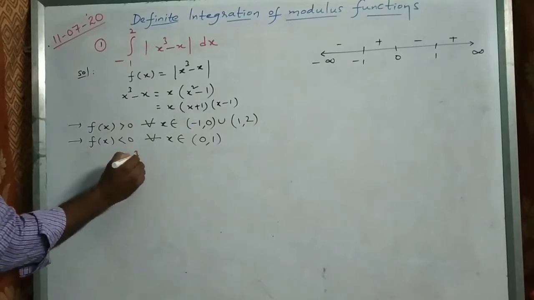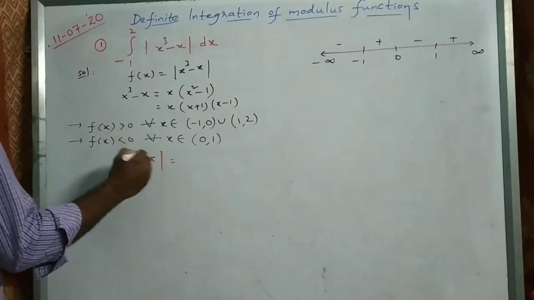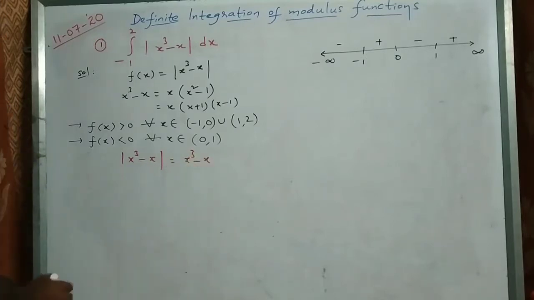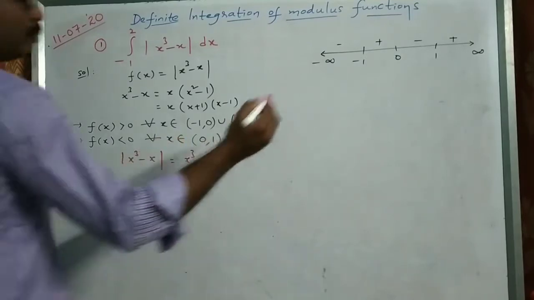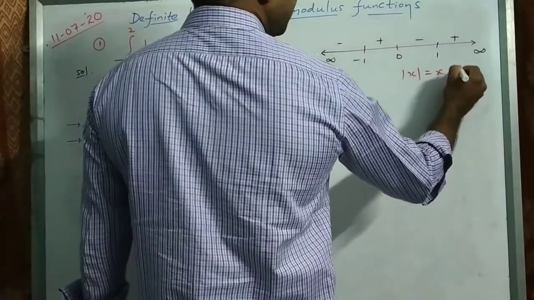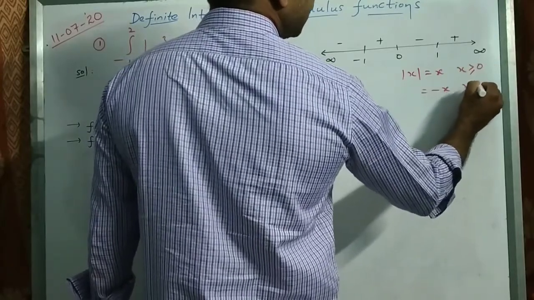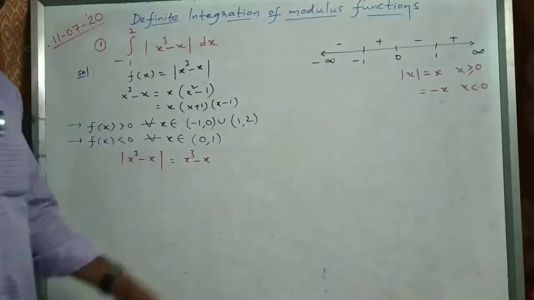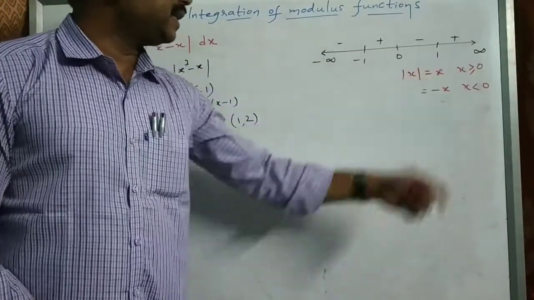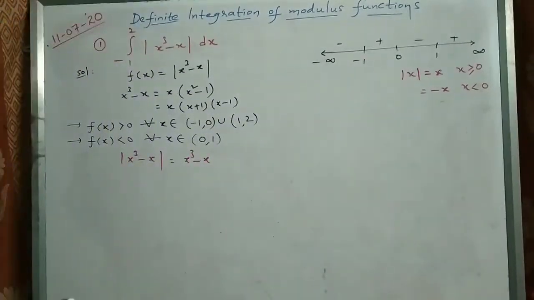Now, given function x cube minus x is, where do we have positive now? I will take x cube minus x, positive value. Modulus function definition: mod x is x when x is greater than or equal to 0, minus x if x is less than 0.